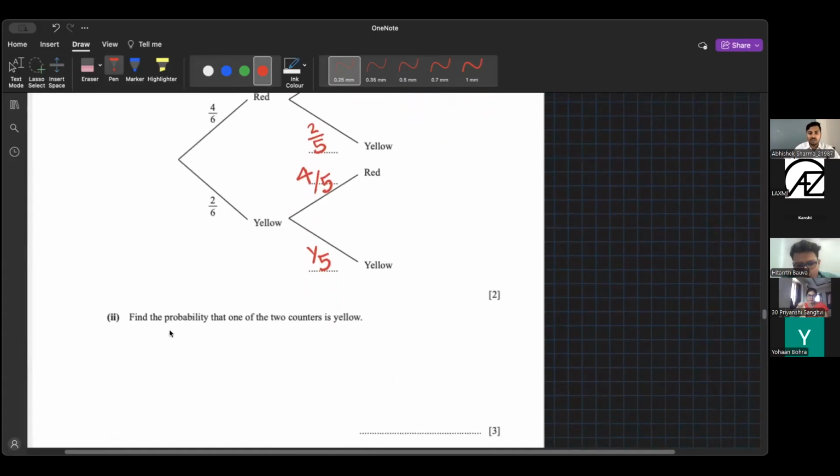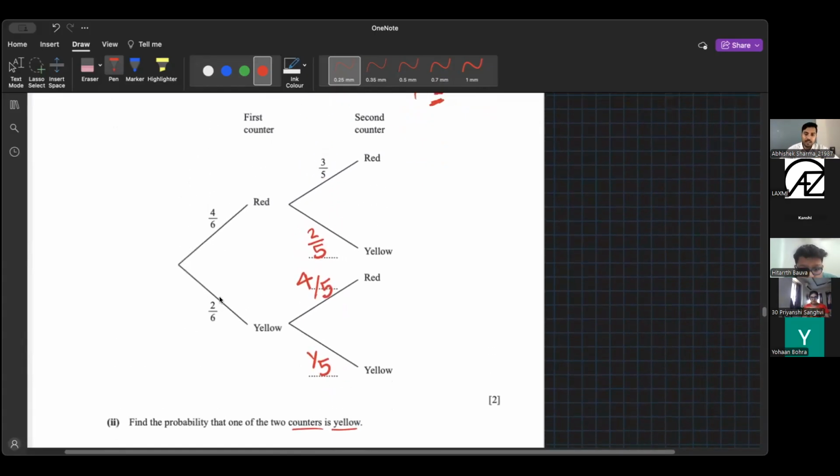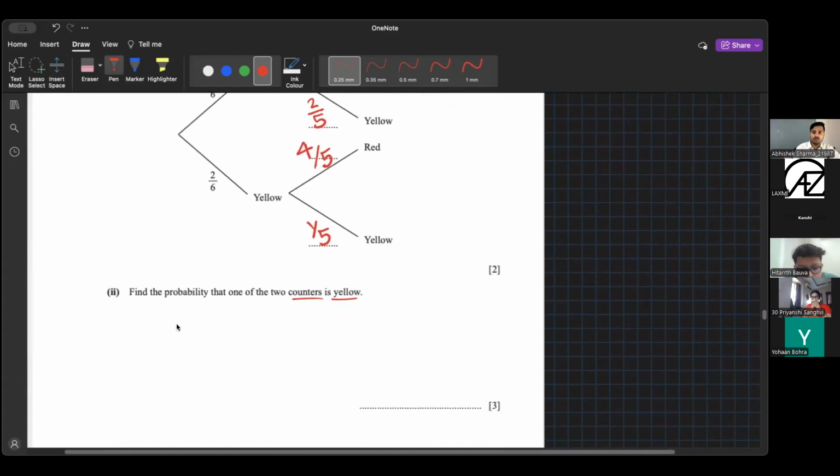Okay. Second one, it says find the probability that one of the 2 counters is yellow. So there are only 2 possibilities. First, you list down the probability of red and yellow, or the probability of yellow and red. But it's not necessary that only one is yellow and the other is red.